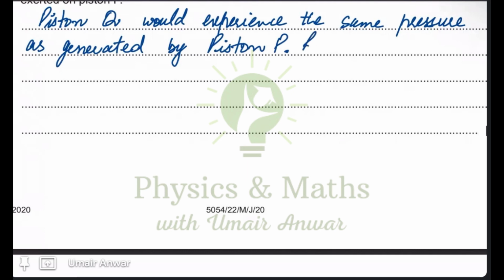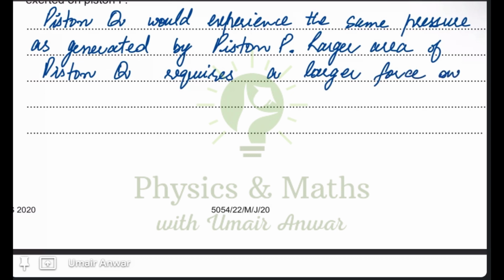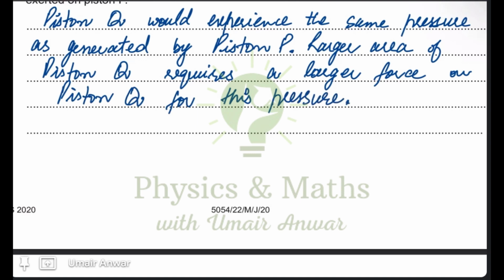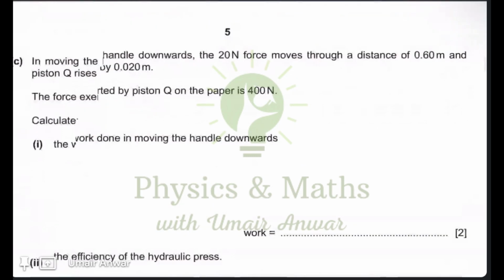And secondly, larger area of piston Q requires a larger force on piston Q for this pressure. So if we have to keep the pressure constant for a larger area, a larger force is needed. So these are the 2 points for a 2-mark answer here.